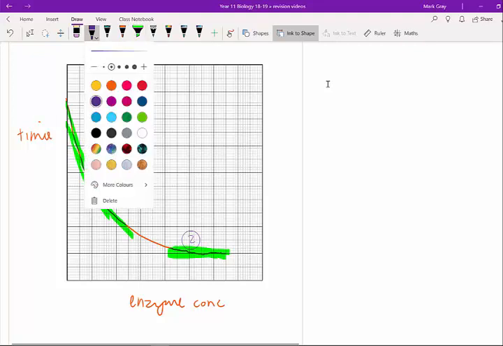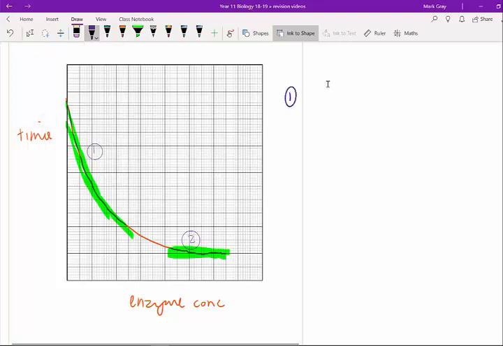Now, at part 1, as enzyme concentration increases, the rate of reaction increases. That is because if we increase the enzyme concentration, there are more active sites.